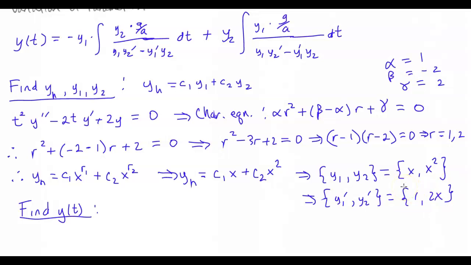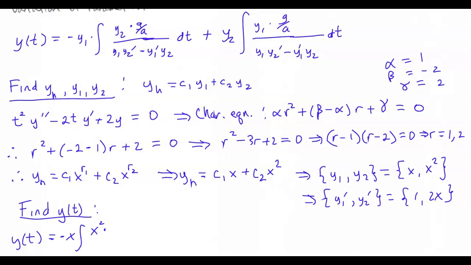So we want to use that as well. So our y of t is just going to be minus y1, which is x, integral of y2. And y2, that is going to be our x squared times g divided by a.